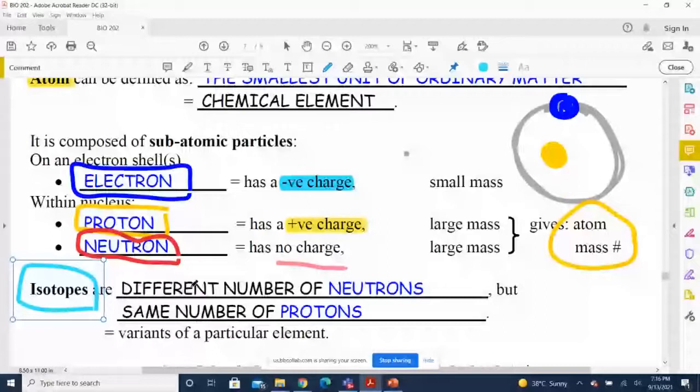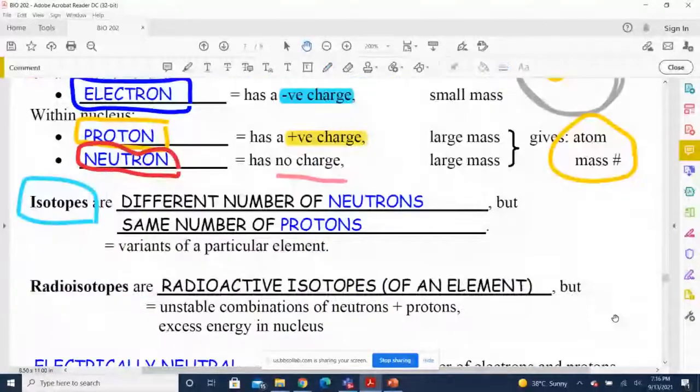And radioisotopes are the radioactive isotopes of an element. They are typically unstable combinations, so over time they end up breaking down, and they store energy within them. So this is where the radioactivity and the half-life and breakdown of radioactivity comes from.